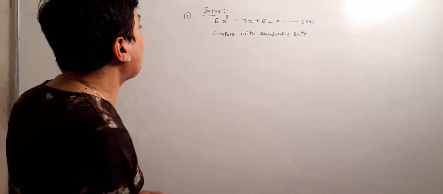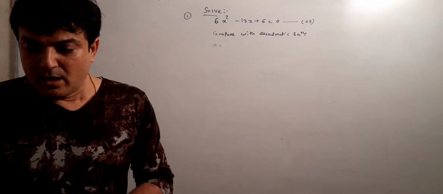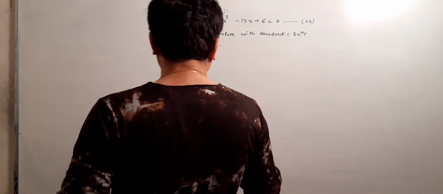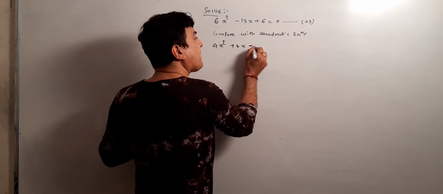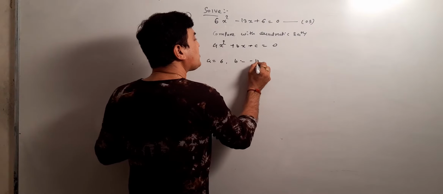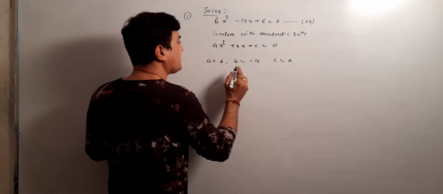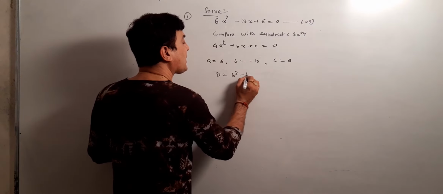Okay, compare with quadratic equation ax square plus bx plus c. a is 6, b is minus 13, c is 6.